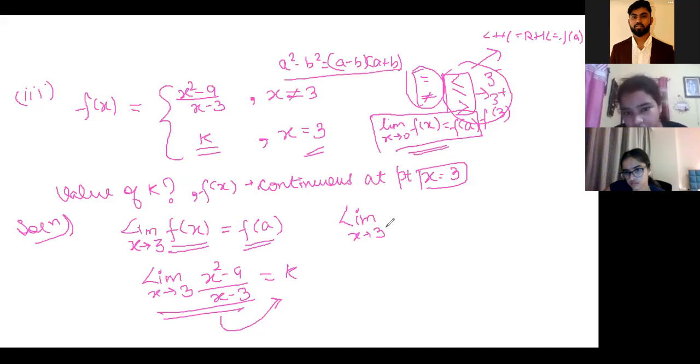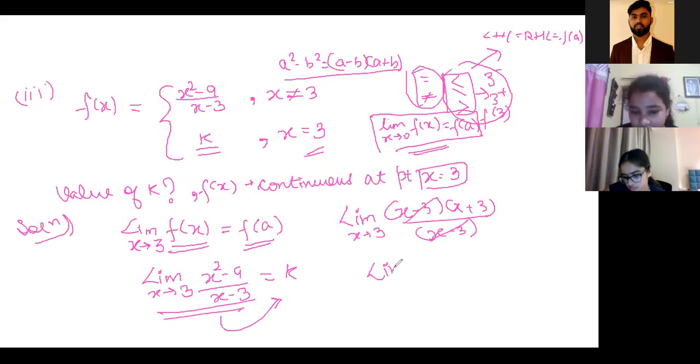I'm talking about this formula. Now we'll apply the same formula here. x minus 3, x plus 3 upon x minus 3, which we already have here. In order to cancel this out, we have simplified it. So now we have limit x tends to 3 of x plus 3.